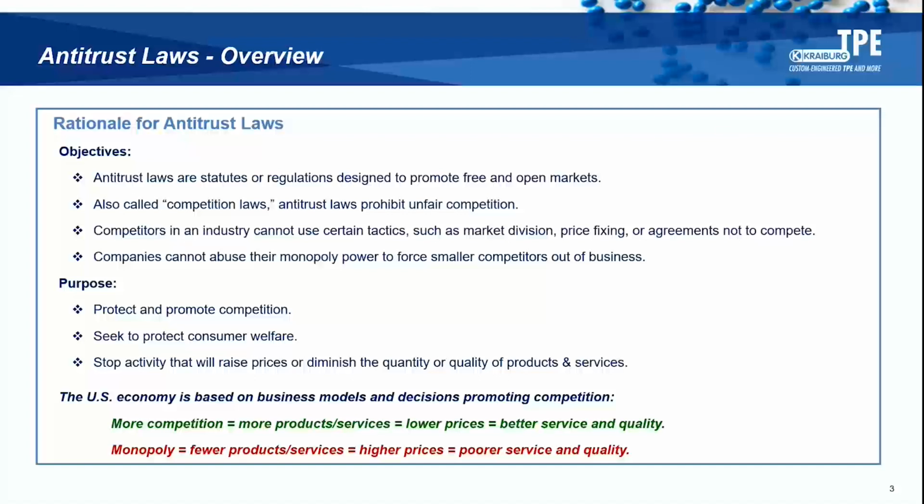Fundamentally, the U.S. economy is based on business models and business decisions that promote competition. With more competition, that leads to a wider selection or availability of products and services at lower prices and essentially better service and quality. Contrary to that, in a monopolistic situation, there are fewer products and services available, tend to be higher prices, and that leads to poorer service and quality.